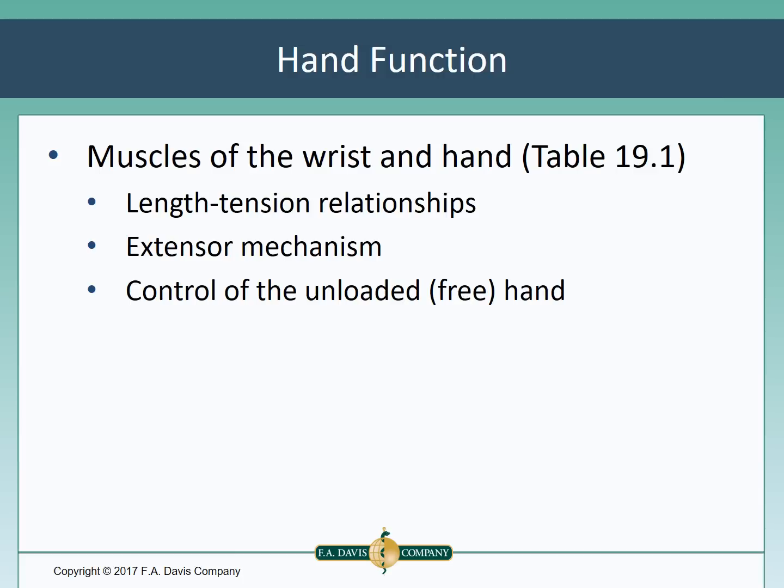Active contraction of muscles causes MP extension concurrently through the intrinsic muscles contracting, or passive tension of the extensor digitorum, which occurs with MP flexion. Again, sounds crazy, but this is why we can do different shapes with our hands to get different grips. Refer to your book. I'm going to keep saying that because it does a really good job explaining these things and has some pretty good pictures as well.